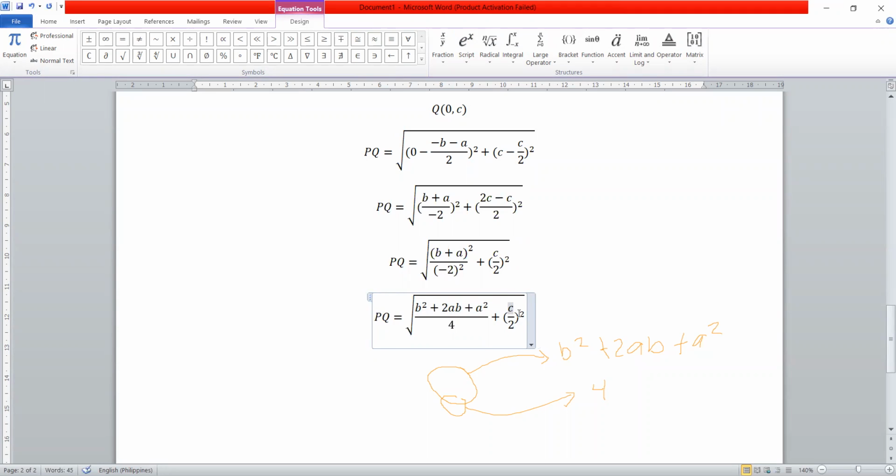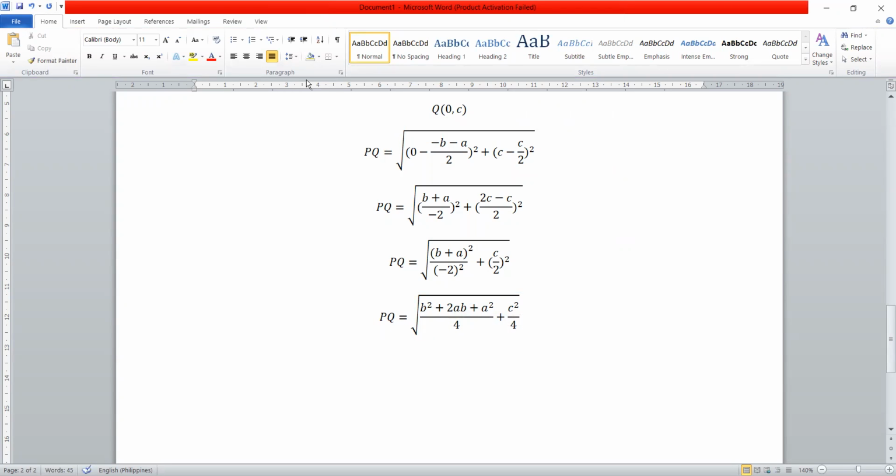Next, this will become c squared over 2 squared, which is also 4. So plus c squared over 4. Now you have the same denominator, so you can just add the numerators.